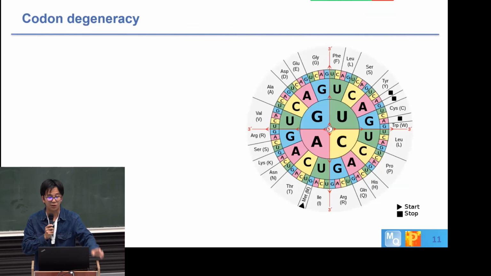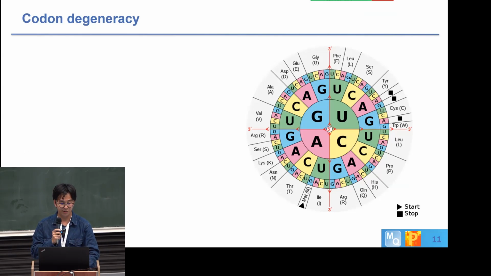This is called codon degeneracy. Basically, when you translate the RNA into the peptide, three nucleotides decide which amino acid will be created.